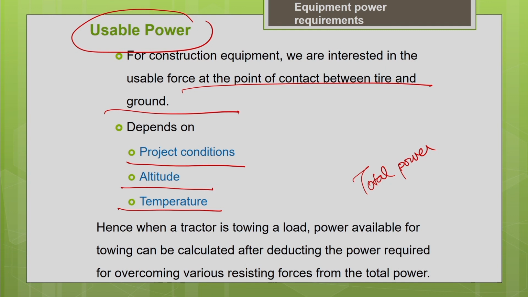What are all the resistances it has to overcome, that you know. So what is the rolling resistance, what is the grade resistance, everything you need to calculate. So now from the total power, you deduct the power required to overcome the resistances at the project site.